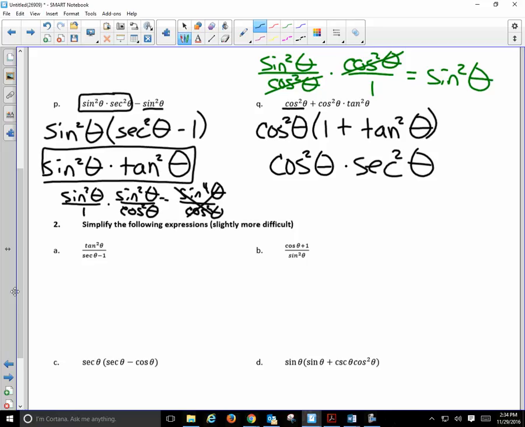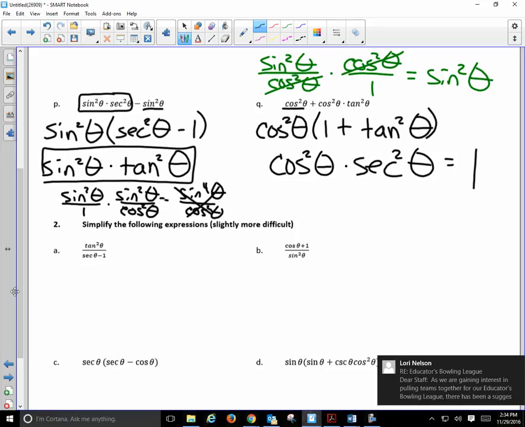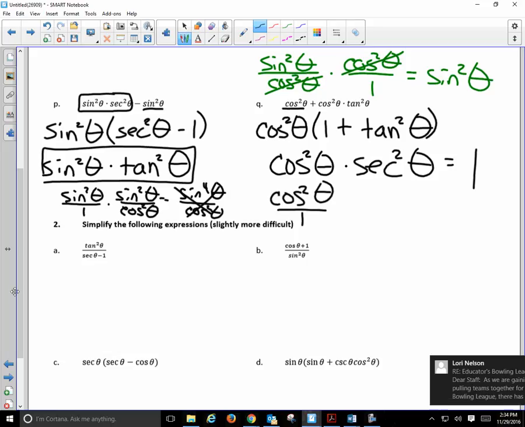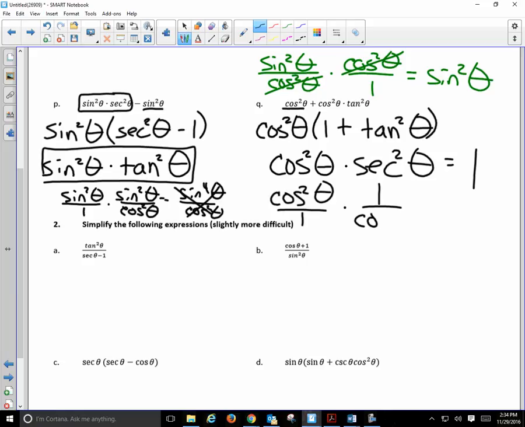And when you multiply two reciprocals, what do you get? 1. So some people will just say this is 1, and that's fine. If you wanted to write it out, cosine squared of theta over 1 times 1 over cosine squared of theta, you would see that the cosine squareds do cancel, and I get 1. So whether or not you choose to write that out, I would give you that credit.